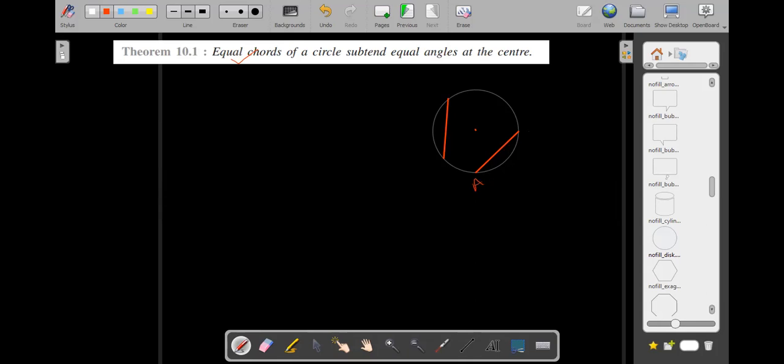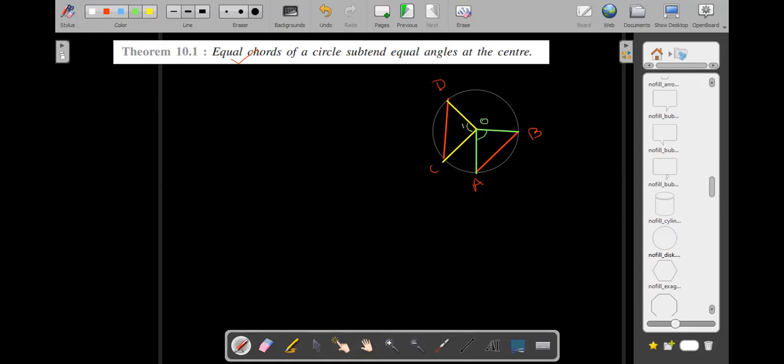So AB and CD are two given equal chords. They are subtending angles at the center O. This is making an angle at center O, and this is also making an angle at the center O. These two angles are equal, that we have to prove.